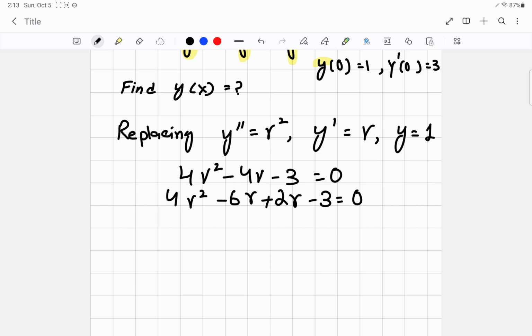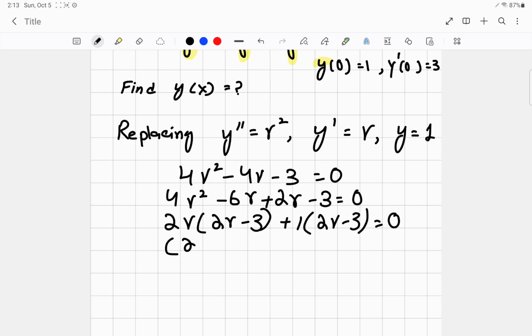Okay, so let's take commons. If we take common 2r, that will become 2r minus 3, and from the next one we just take common 1, so 2r minus 3. Okay, so 2r minus 3 into 2r plus 1 equals 0.